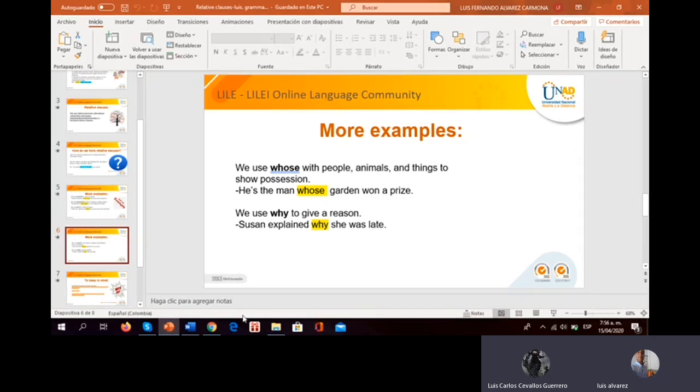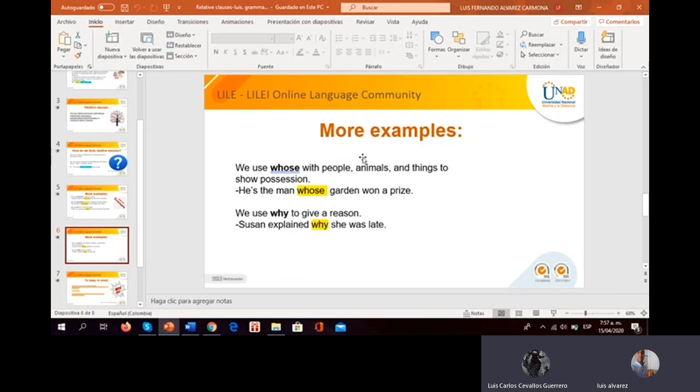Example: He's the man whose garden is on a prey. And the other example, we use why. We use why to give a reason. Example: Susan explained why she was late.